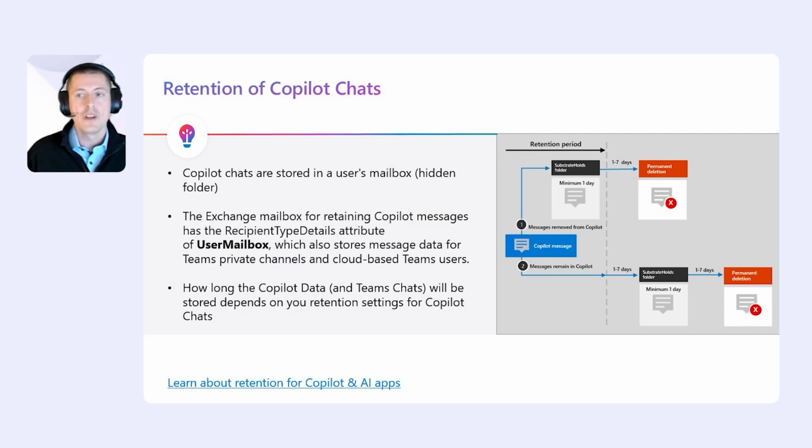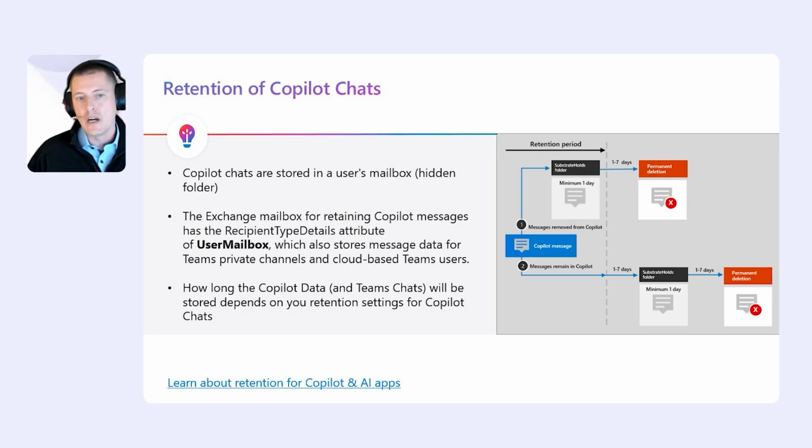Important to call out here is that this timer job kicks off in the range of 1 to 7 days, and the items will then be moved to a so-called substrate folder. So let's use the example here on the slide. In the middle, in the blue box, we have the Copilot message.